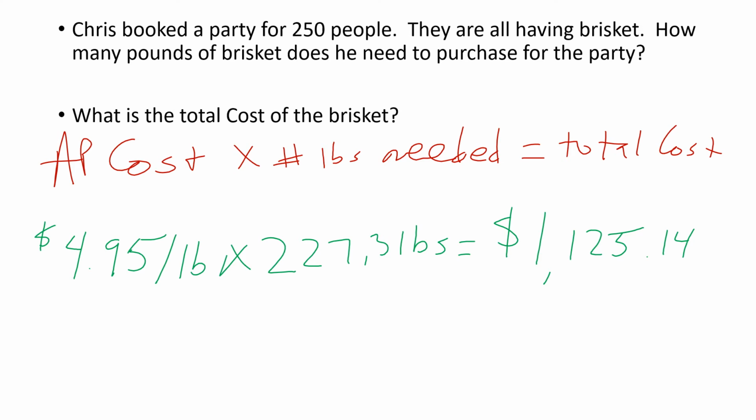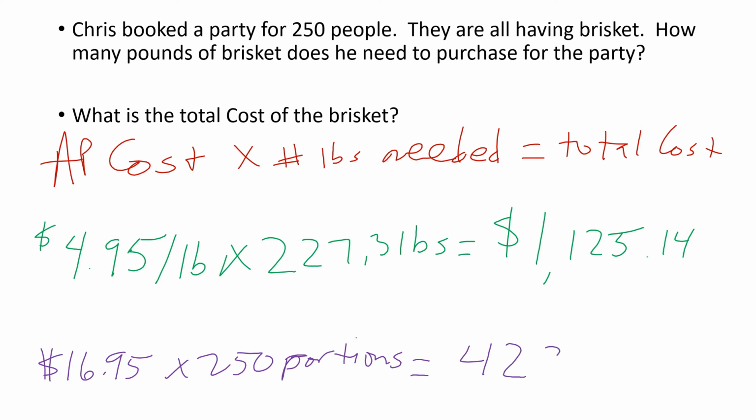But if we're selling that for $16.95 per portion times 250 portions, what do we get? $4,237.50. That's our sales.